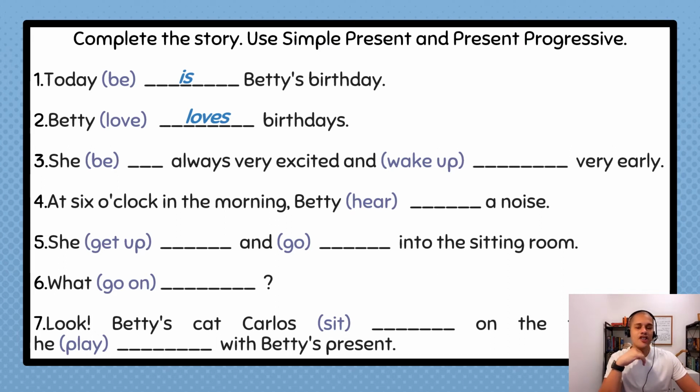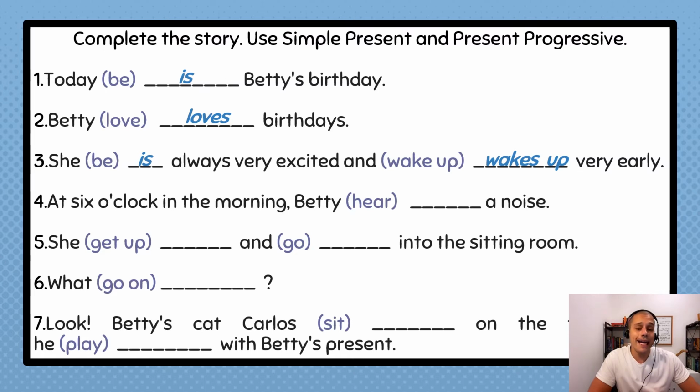Number three: she blah blah blah always very excited and blah blah blah very early. So always here gives you the idea what you have to do. So present simple for both. She is always very excited and wakes up very early.